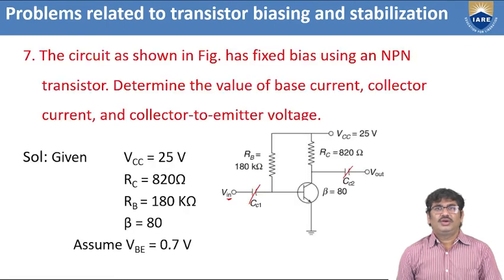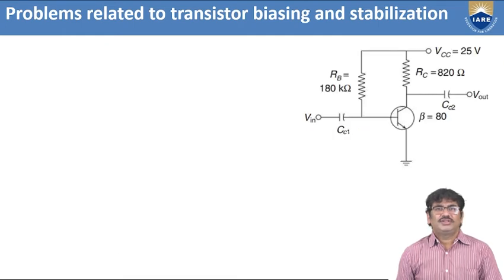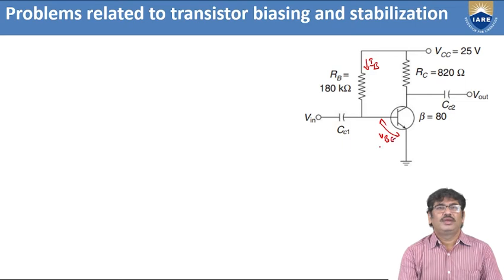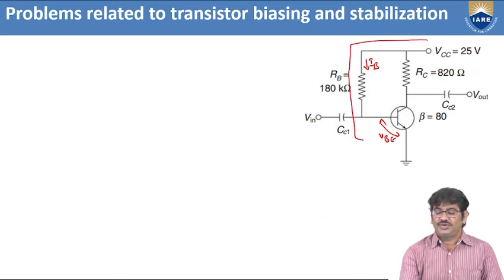For finding out the base current, collector current and collector to emitter voltage, first we will write the KVL expression at the input circuit. The current flowing through RB is IB. The voltage between base to emitter is VBE.